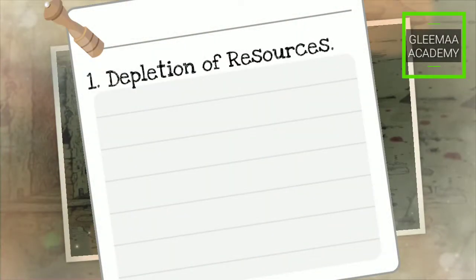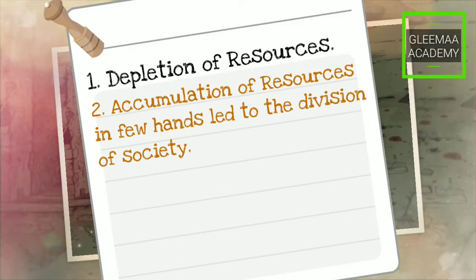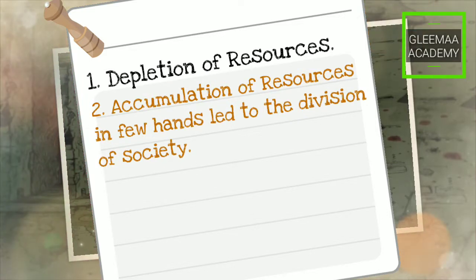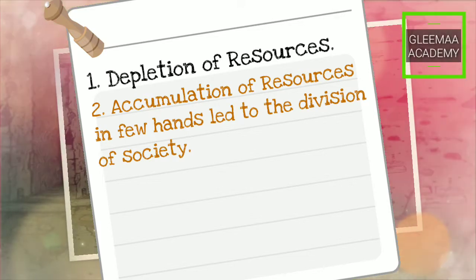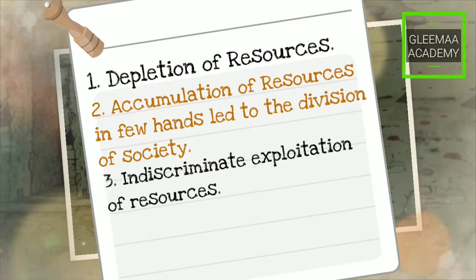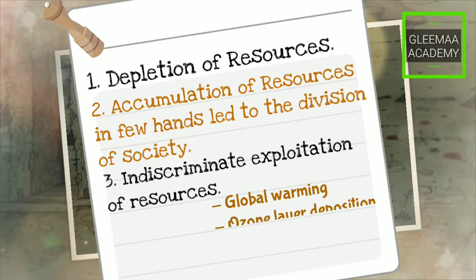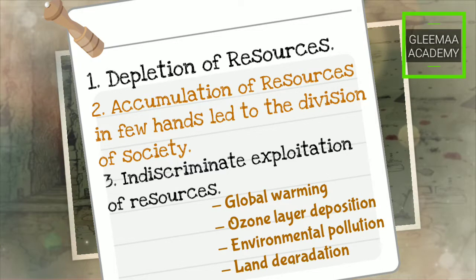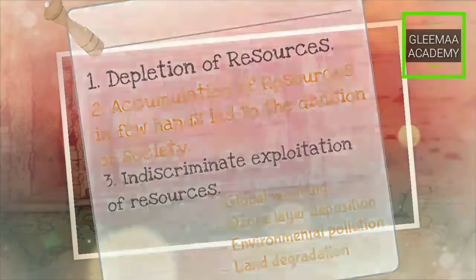Number 1, depletion of resources. Number 2, accumulation of resources in a few hands leads to the division of society into rich and poor. Number 3, indiscriminate exploitation of resources leads to global warming, ozone layer depletion, environmental pollution, land degradation, etc.